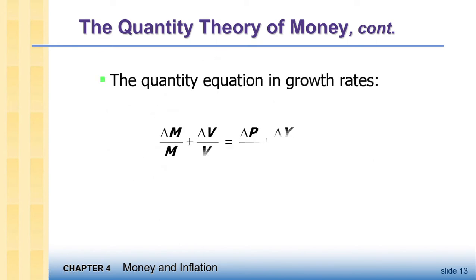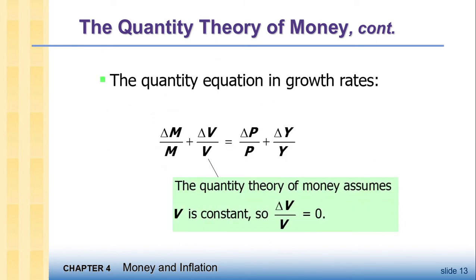We can write it this way: if MV equals PY, then delta M by M plus delta V by V is equal to delta P by P plus delta Y by Y. You can think of it as a logarithmic transformation, and then we are taking the differential on both sides. So this is the monetary growth rate, growth in money supply, plus changes in velocity.